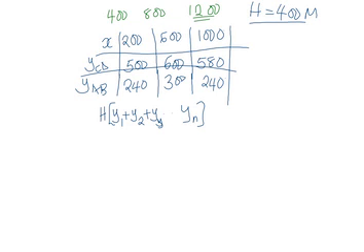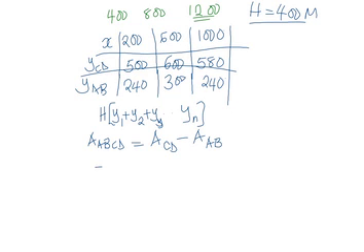So to get the area of this land, that is ABCD, will be given by the area under the curve CD minus the area under the curve AB.